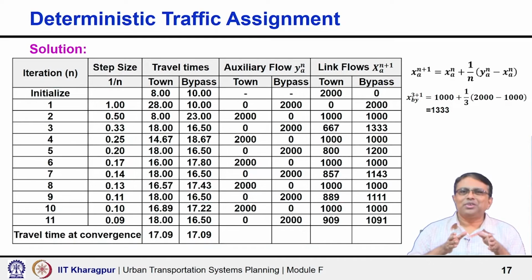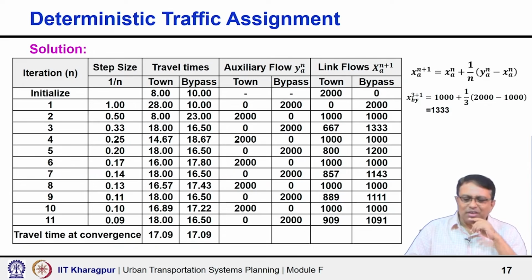So, based on the auxiliary flow we are now updating the link flow, but I have presented it iteration-number wise, 1, 2, 3, 4, like that, 11 iterations are presented. So the link flows are shown as x_a^(n+1). You know it is first the auxiliary flow, then based on that you do the update, and then going to the next iteration, what is the travel time again.